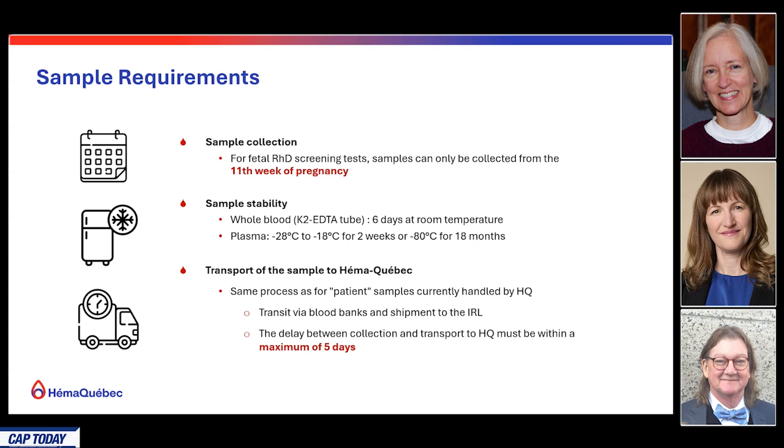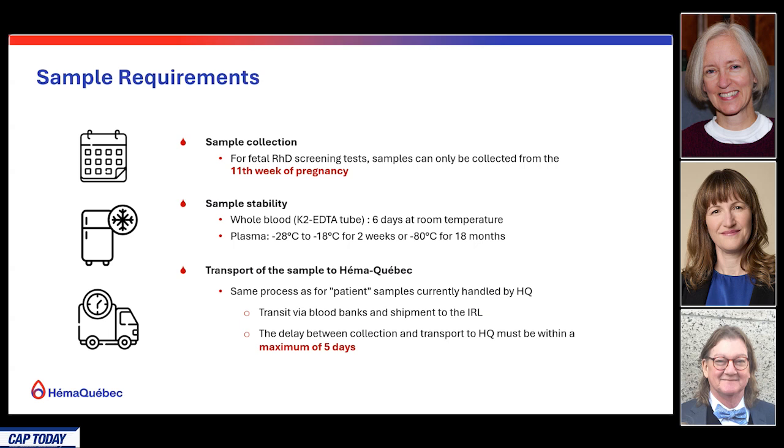As per the manufacturer's package insert, all blood samples are stable for 6 days at room temperature and for 2 weeks when frozen between -18 to -20 degrees Celsius. We will ask a sample be sent from the collection site to Héma-Québec within 5 days to respect the 6-day stability at room temperature.